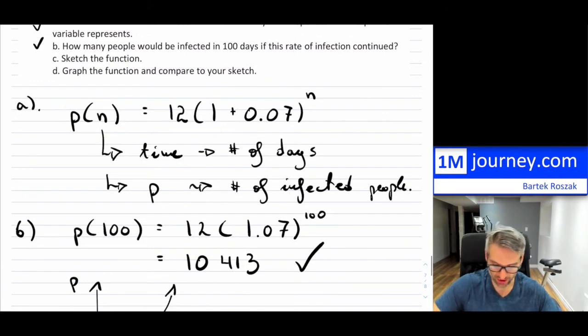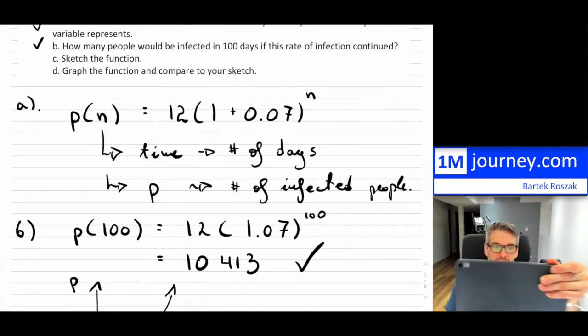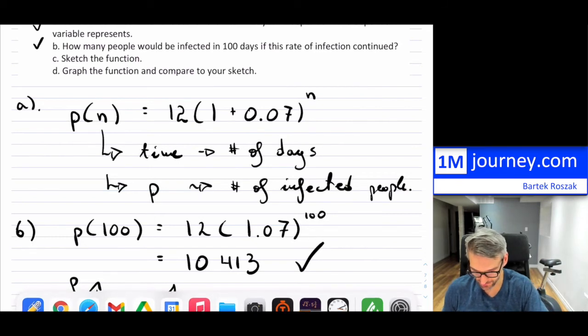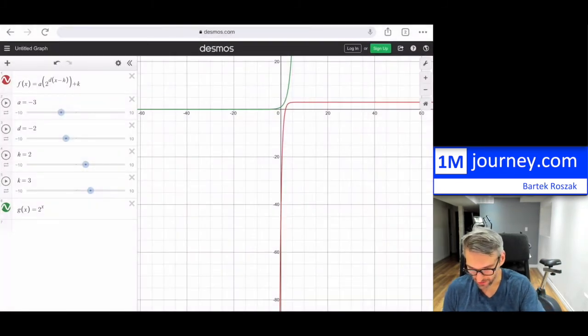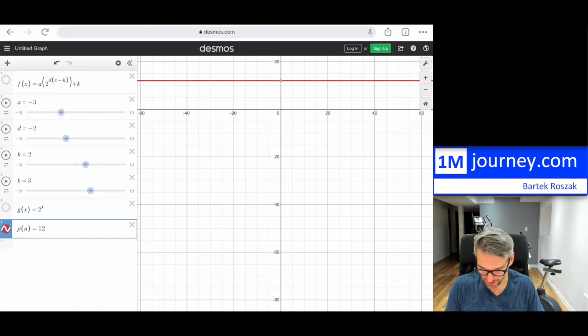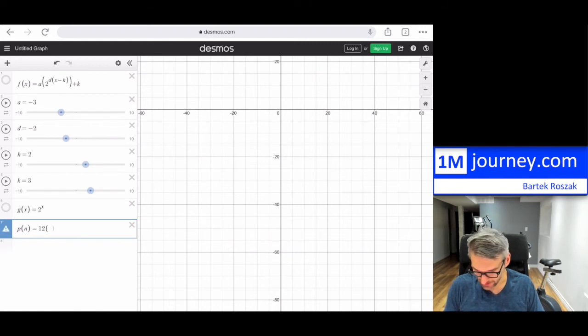Graph the function and compare to your sketch. We certainly can do that. So let me pull up Desmos here. Let me close these. So we have P of n is equal to, we started with 12, times 1.07 to the n.